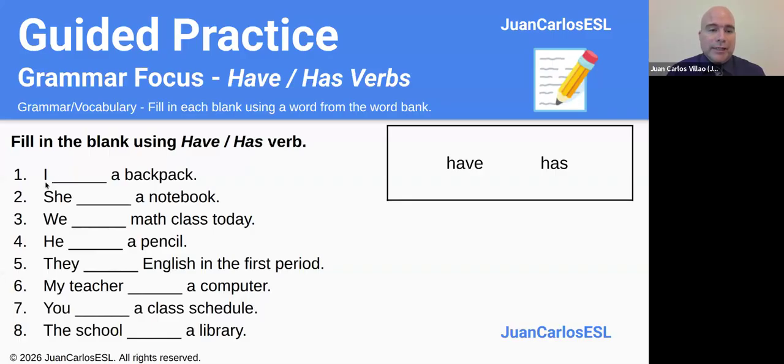So when our subject is I, that will determine whether we use have or has. So when our subject is I, we would use I have. I have a backpack. So when the subject is I, we have to use have. I have a backpack.